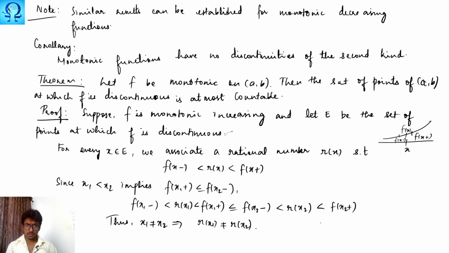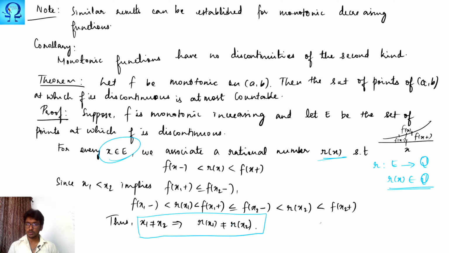Let us go back and see the things over here. If you see this r, this x is taken in E, which means you may consider this r to be a function from E to Q. Because for every x in E we associate a rational number r of x. This is what we have done, and this statement tells you that your function r is 1-1.